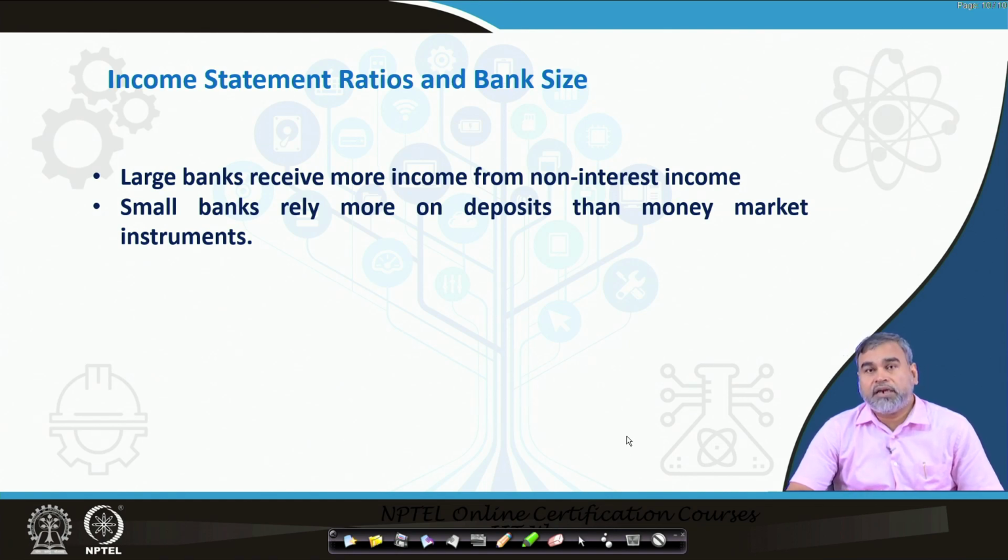There are reasons for that. These are the possible reasons. The small banks rely more on deposits than on money market instruments. The same logic applies: the use of the money market for specific purposes is easy for the larger banks. They are more conversant with the use of the money market than the smaller banks, because the smaller banks are not at all compatible with the requirements of the money market instruments at that particular point of time.